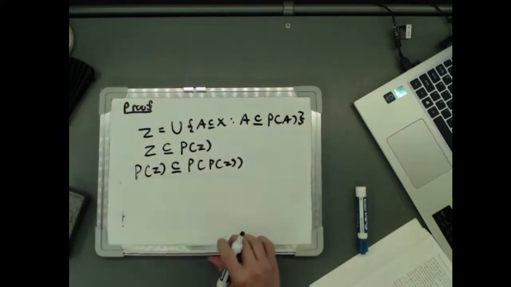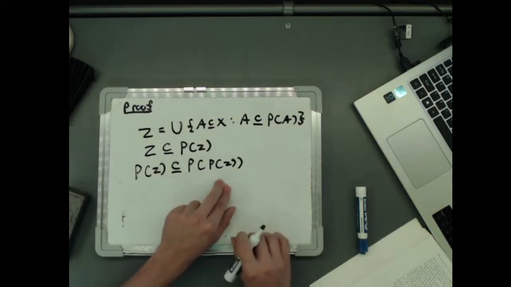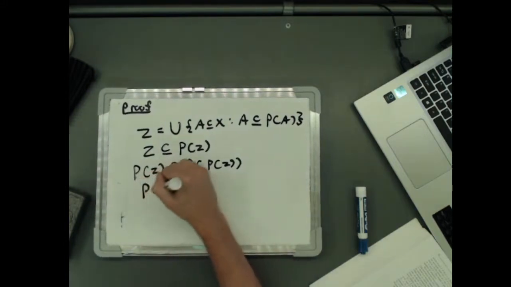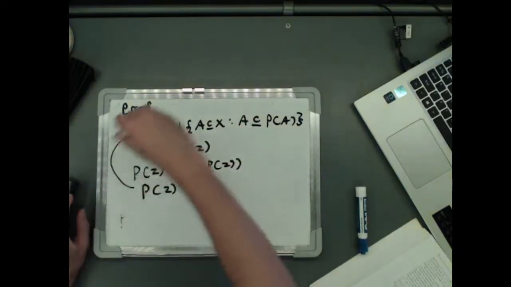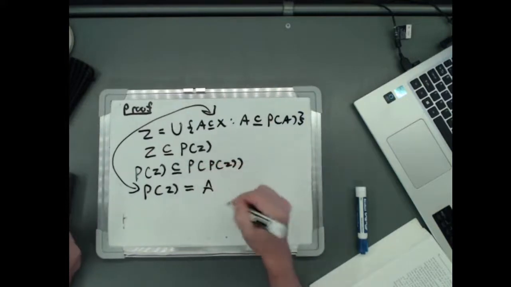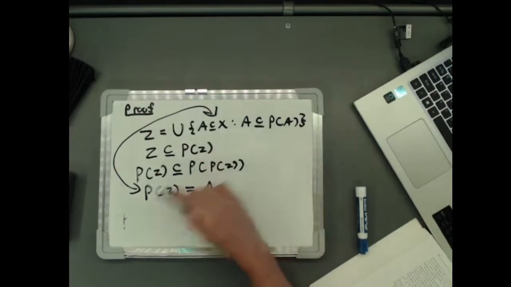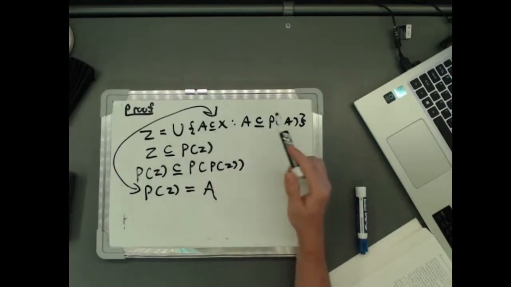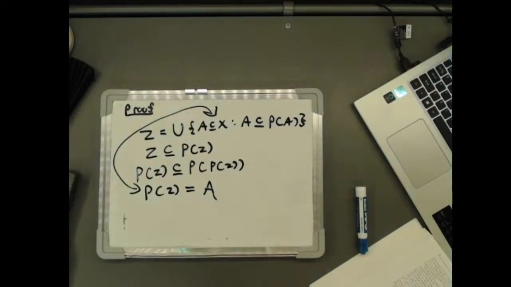Because P of Z is a subset of P of P of Z by hypothesis, P of Z is one of the sets A up here. P of Z is one set A, because P of Z is a subset of X, as we just went over, and P of Z is a subset of P of P of Z. Cool stuff.